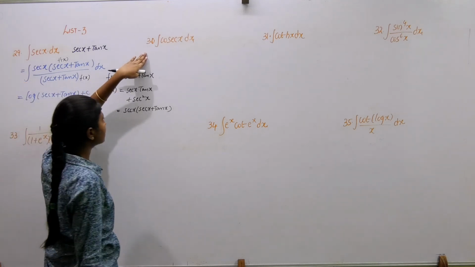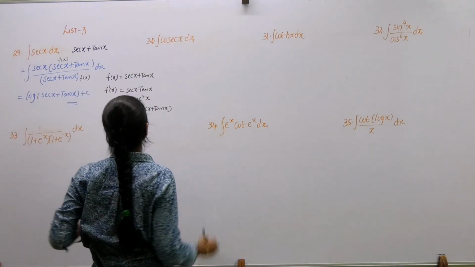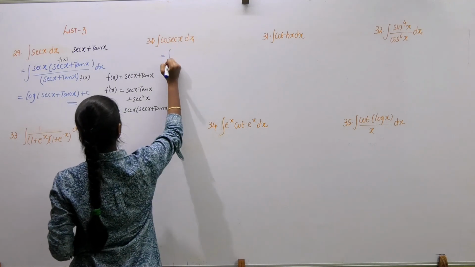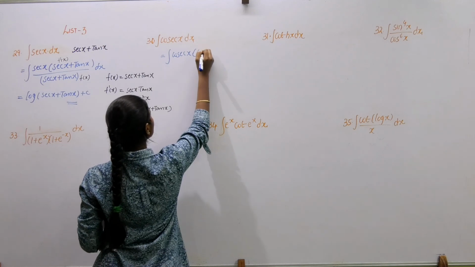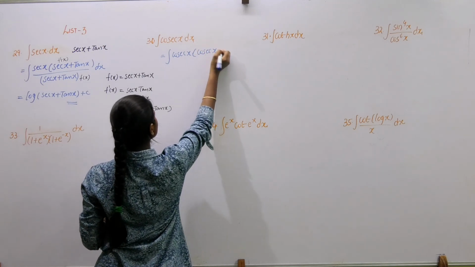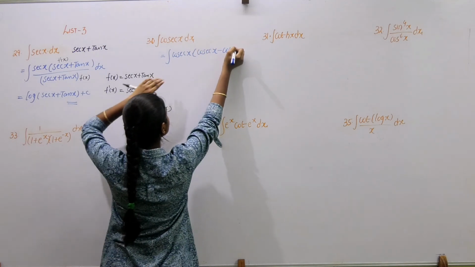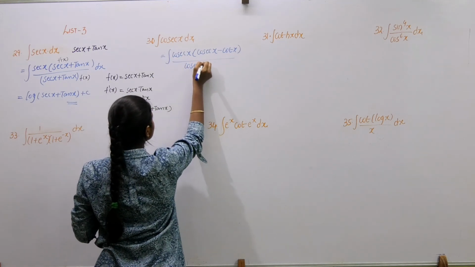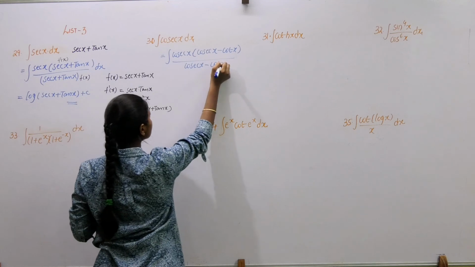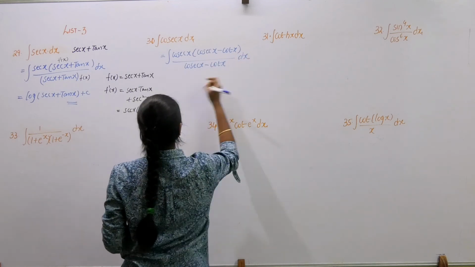Next, 30th question. Integral cosecant x dx. Here also we write cosecant x into cosecant x minus cot x by cosecant x minus cot x dx.